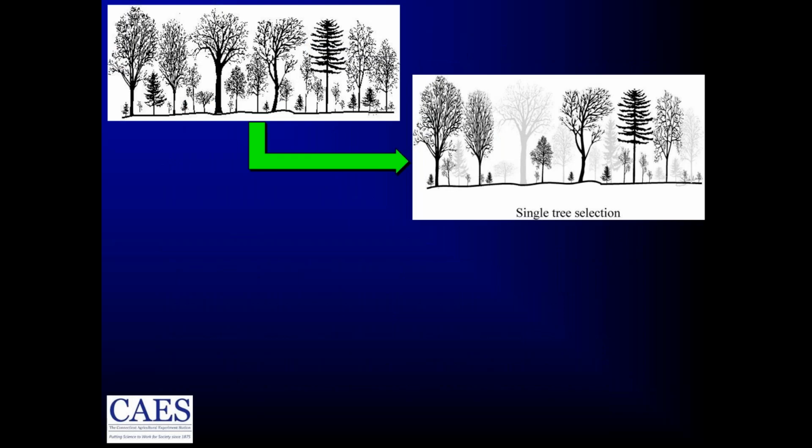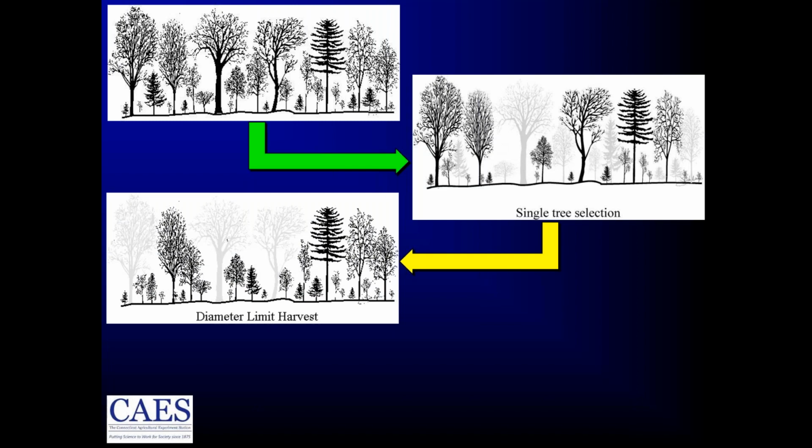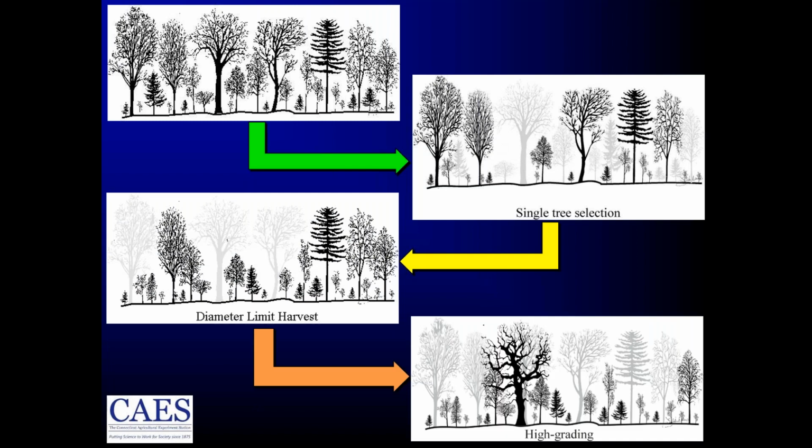Well, you can start with a stand, and you can say you're going to do single tree selection, which is trying to mark to hit that Q curve. But what can happen is you need a little more money, so you go into a diameter limit harvest, saying, well, we're just going to take the biggest trees and the younger ones will grow up. But then that slides into high grading, where only small trees and trees with no economic value, the culls, are left. And that's when you get into a poorly stocked or degraded stand.